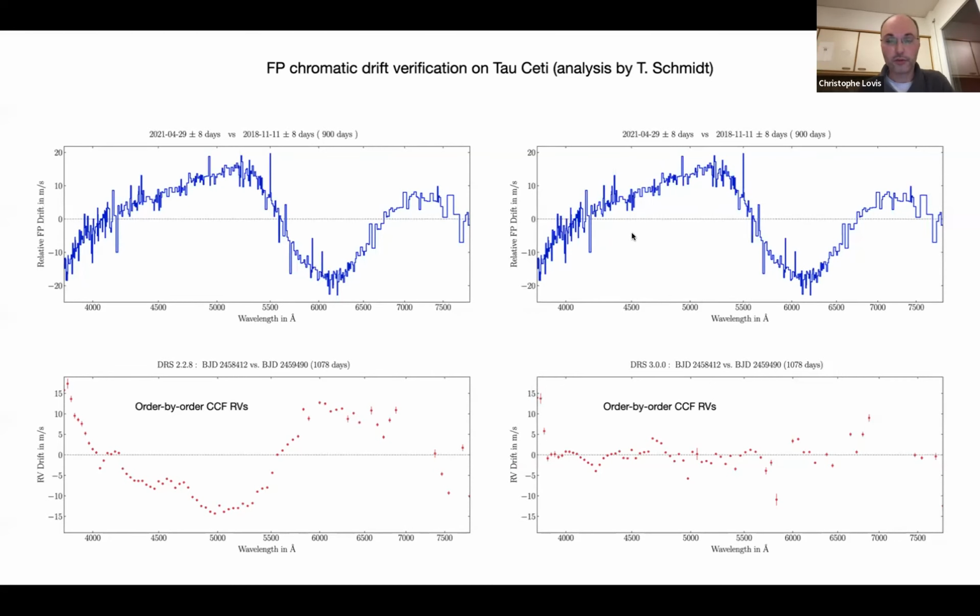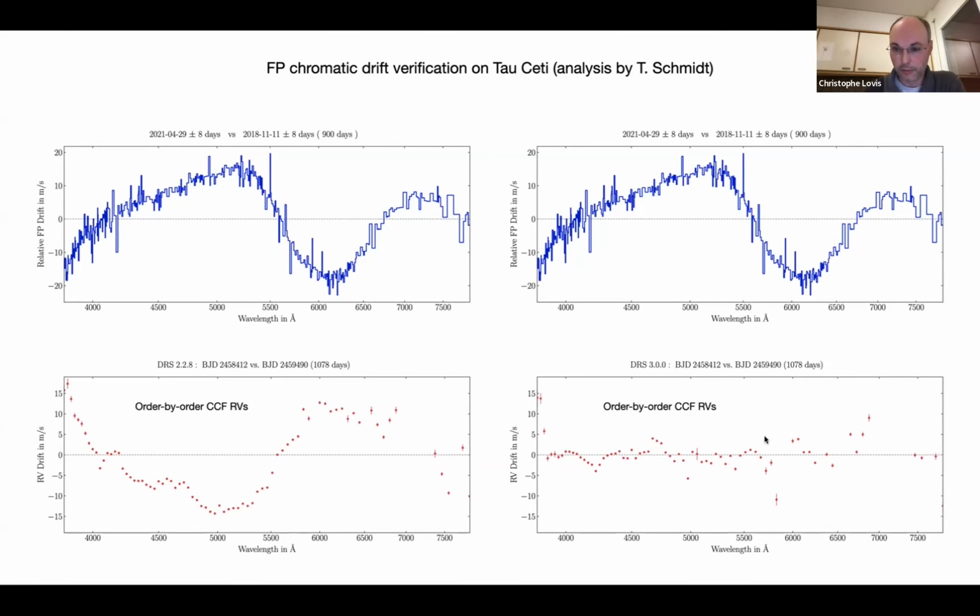At the bottom are the order by order radial velocities from tau Ceti, which as a function of wavelength show the inverse shape of the Fabry-Perot drift, which is expected if you don't fit for this effect.